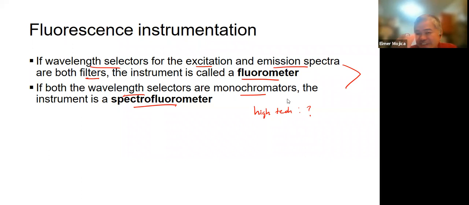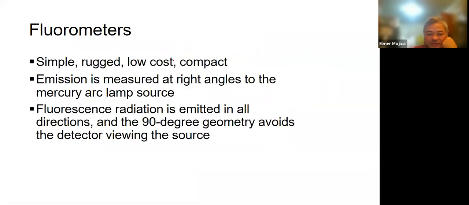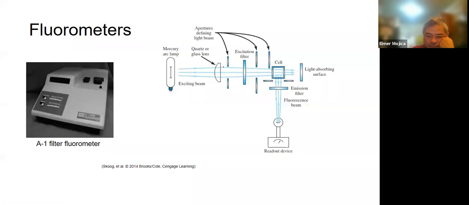So that is to protect our eyes from UV. Okay, that's the simplest filter that you can do. So if you have what we call a fluorometer, so this is what you have. You have what we call the light source, okay? And then a quartz or what we call a glass lens. So there's an excitation filter here, and there's also what we call an emission filter here.